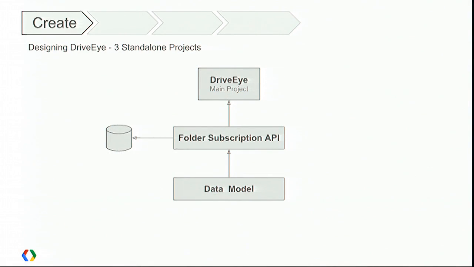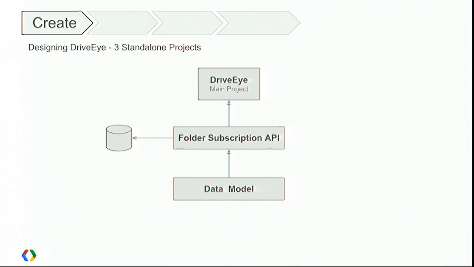So going back to our application, which is DriveEye, how does this whole create story fit in? Well, in order to design this application, DriveEye, we thought we will need to create 3 standalone projects. The first project is the main DriveEye project, which has all the nice UI and everything.